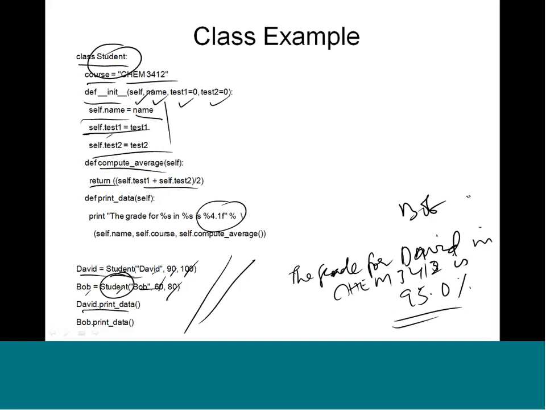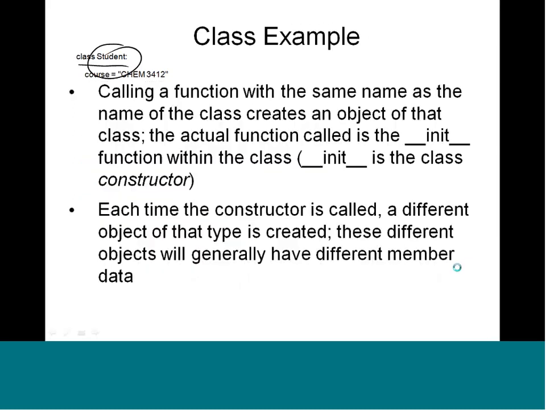And the same thing for Bob in chem 3412 is 70.0. So David dot print underscore data and Bob dot print underscore data both generate these kinds of results.